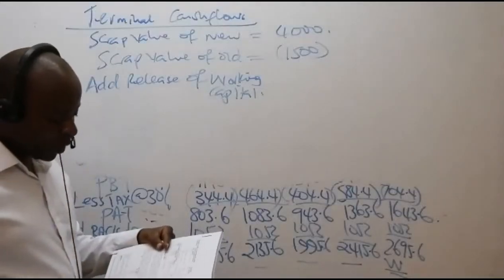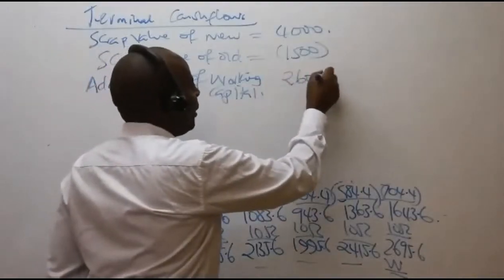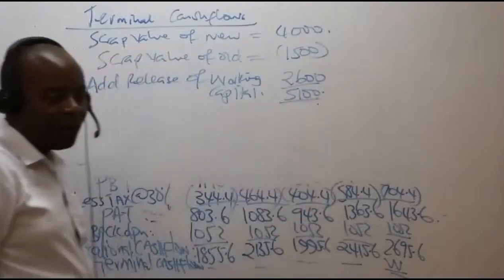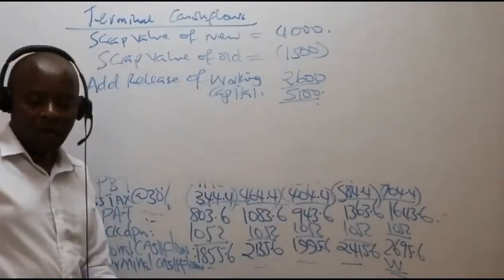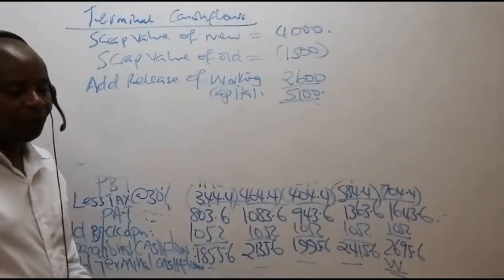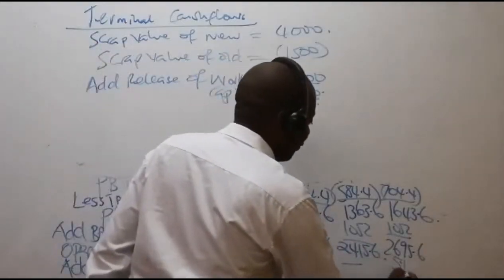The release of the working capital was 2,600. I want to believe that this is how they got their 5,100, which will come at termination. So this is what we put here, 5,100.